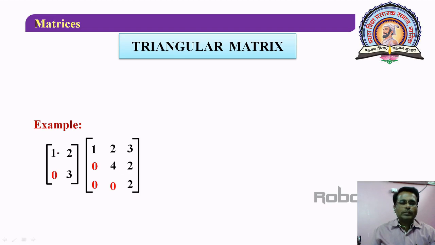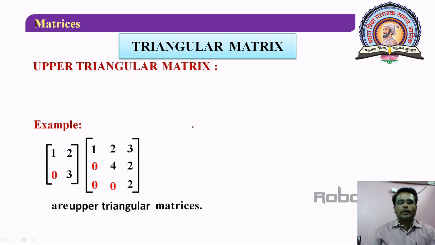In this matrix also, this is your diagonal, the elements below the diagonal are 0 and elements exist only in the upper triangle, therefore it is called an upper triangular matrix. So you will observe that these are matrices in which elements exist in the upper triangle only.